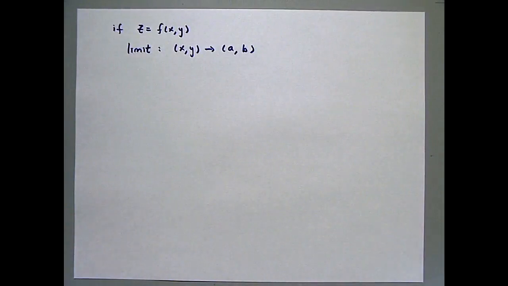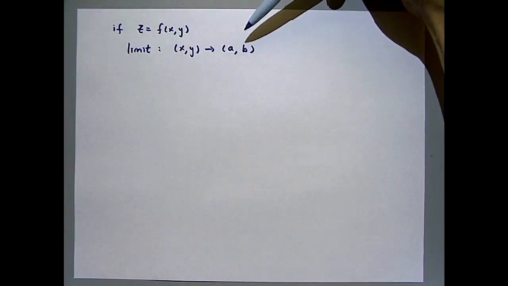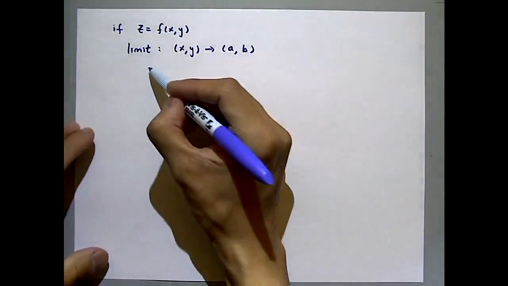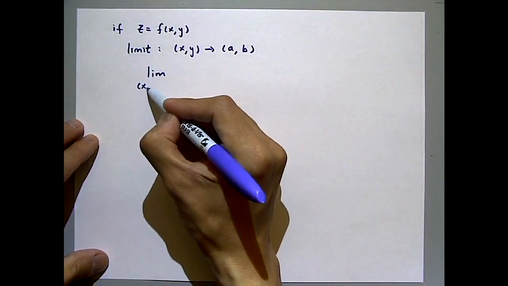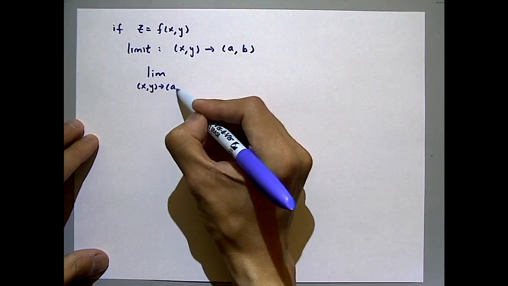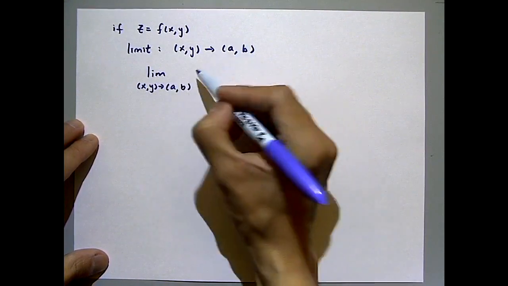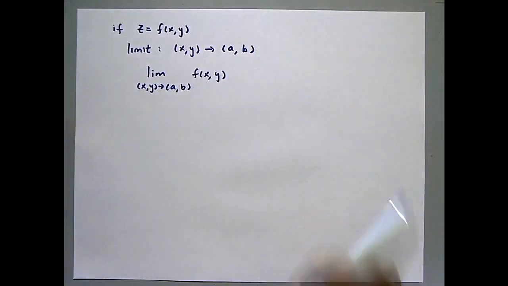So now we deal with 2 variables changing at the same time, approaching one point, which is 2 numbers, simultaneously. So we write limit, and underneath that we write x comma y, approaching a comma b, of f of x, y.